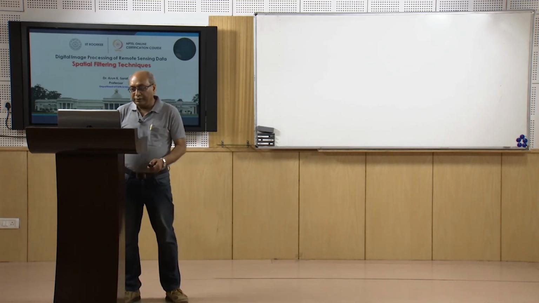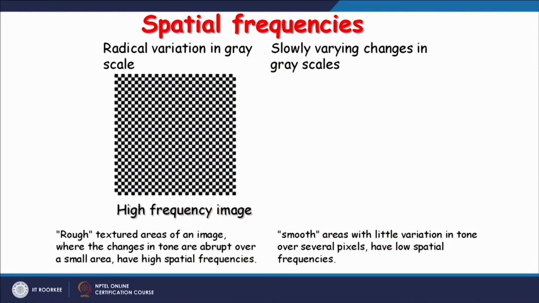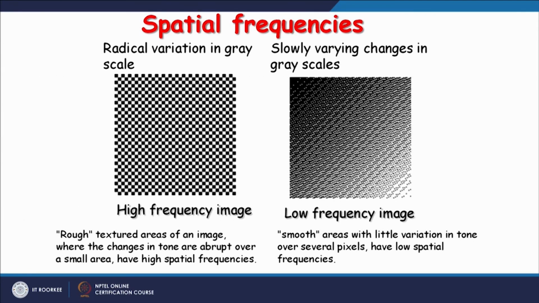First, spatial frequency, that is the radical variation in grayscales like here. So we consider this a high frequency image, but sometimes we get images which have low frequency.